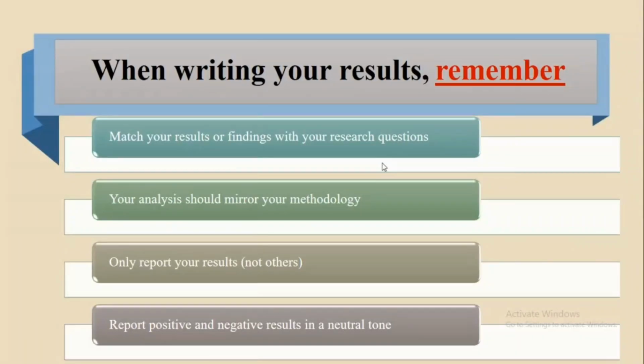You can't mention something that is not matching with your methodology, okay? Do not report qualitative results at all if your method was quantitative.